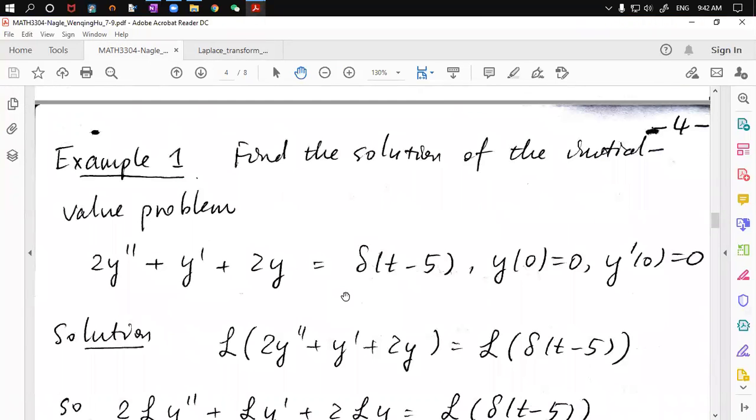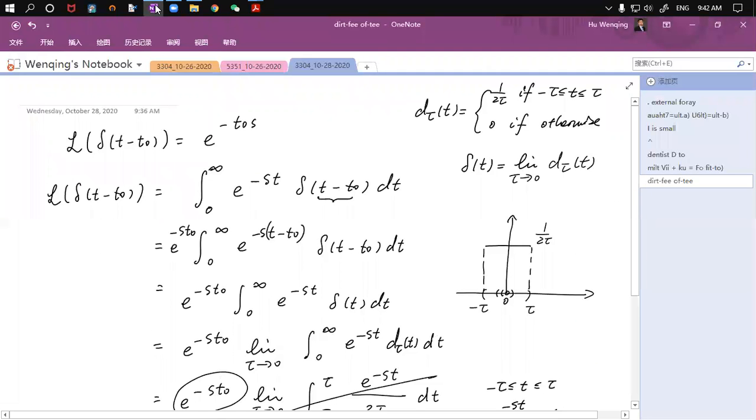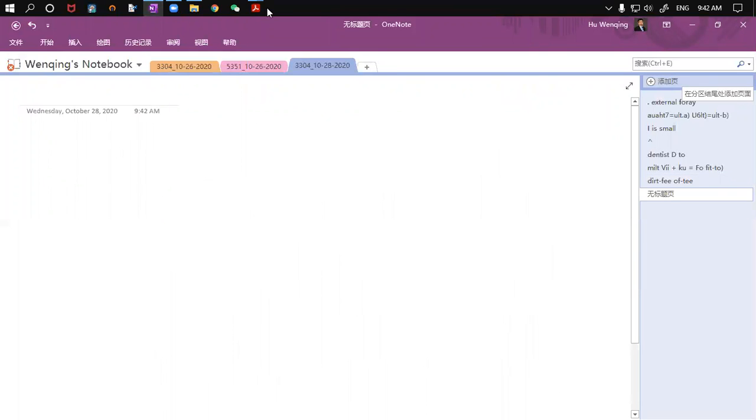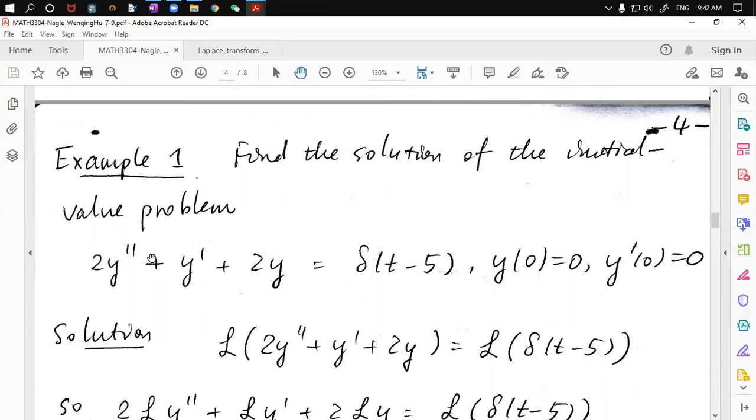Okay, so now let me show you one example. So here is an example. Can you find a solution of such an initial value problem? That's really what we're studying, to apply our theory to initial value problems, right?